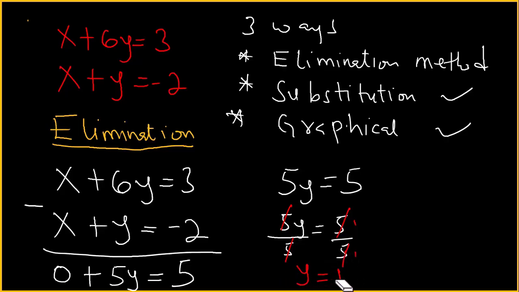Now we've gotten our y value, and it's going to help us find our x value. So if y is equal to 1, we are going to put this into any of the equations, either the first equation or the second equation. So x plus 6y is equal to 3. So this is our first equation.